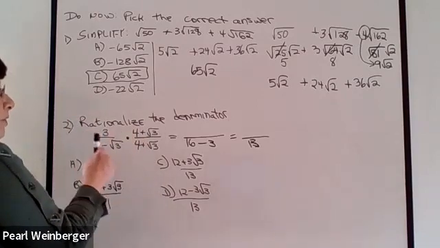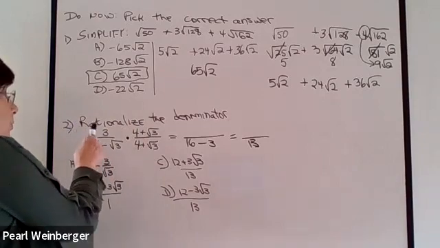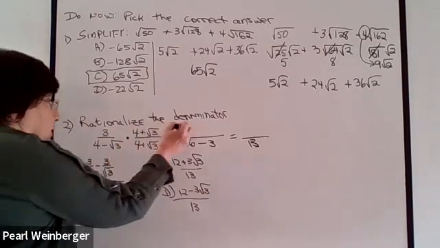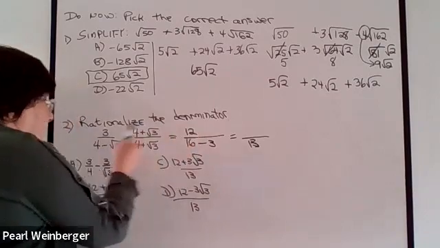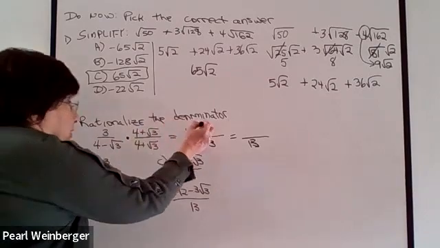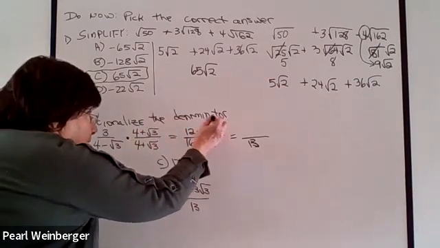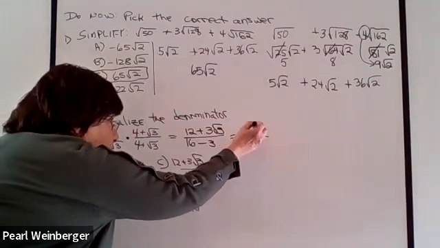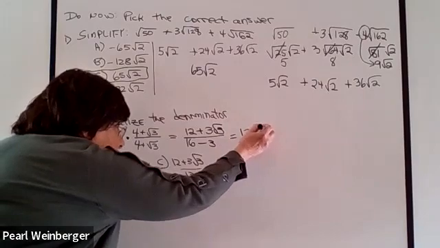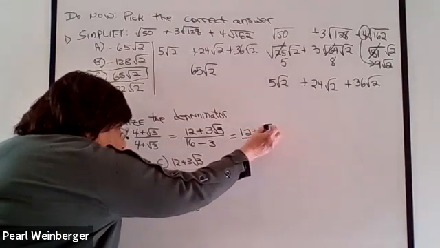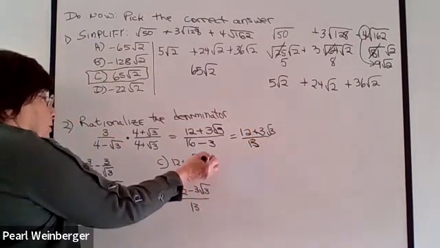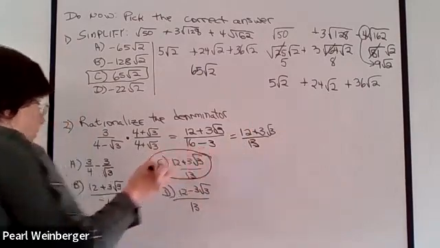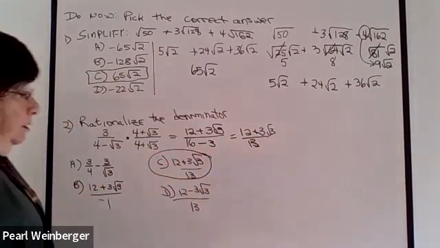And we know we have to use the distributive property. So we have to do 3 times 4 is 12. And 3 times radical 3 is 3 radical 3. So my final answer becomes 12 plus 3 radical 3 over 13, which happens to be choice C.